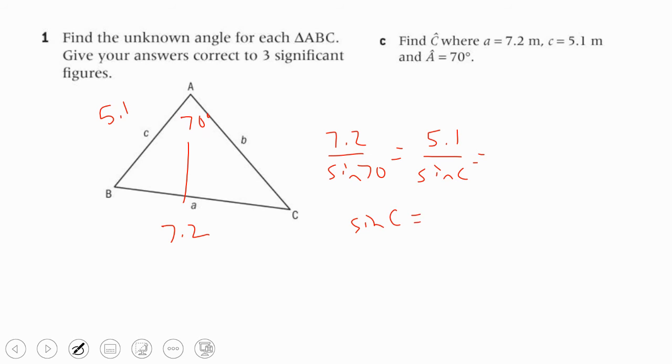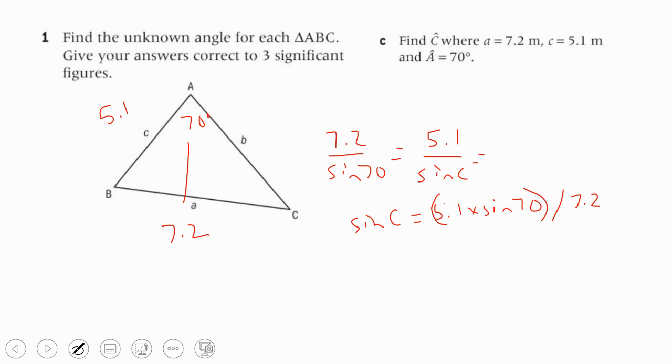Sine of C is 5.1 times the sine of 70 divided by 7.2. You can do that middle step if you want to. You have a calculator, save yourself a little trouble. Just be careful with fractions.